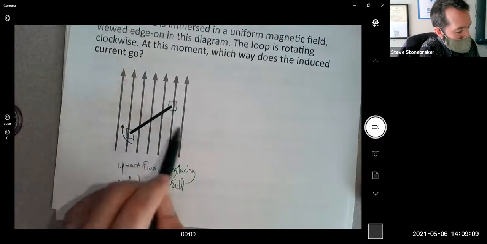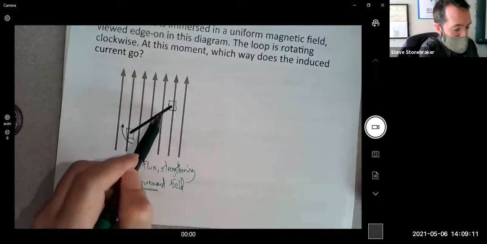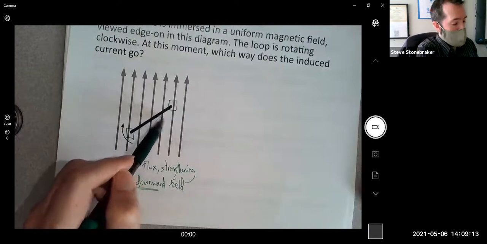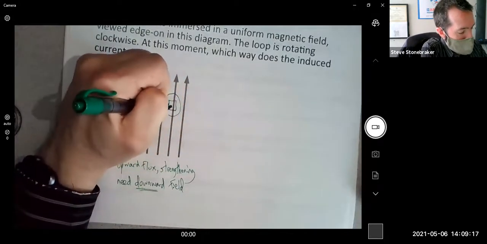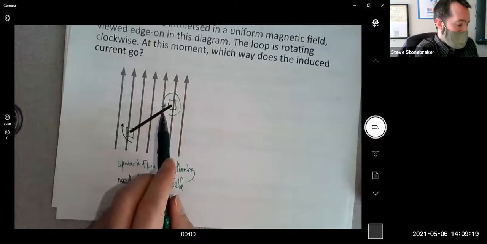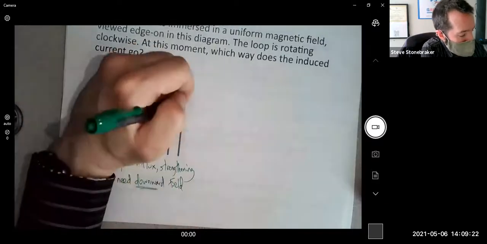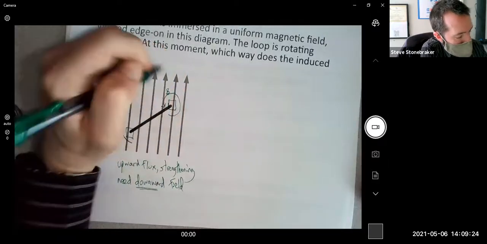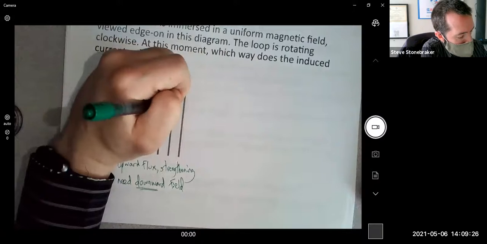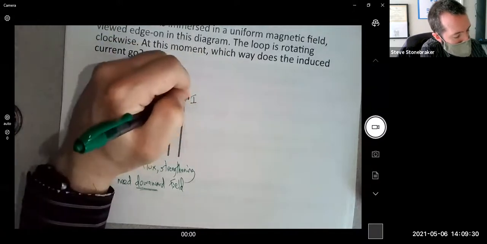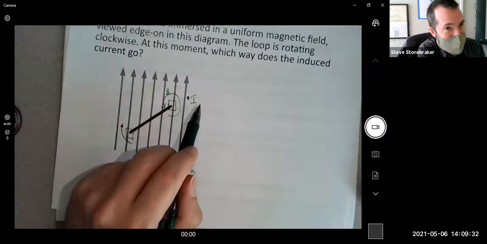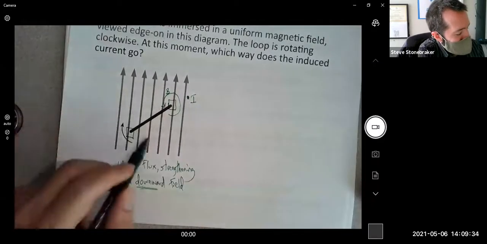And a counterclockwise circle here does go down through the middle of the loop. On its way through the loop, it's going down. That's the induced field, and it comes from an outward current. Dots.